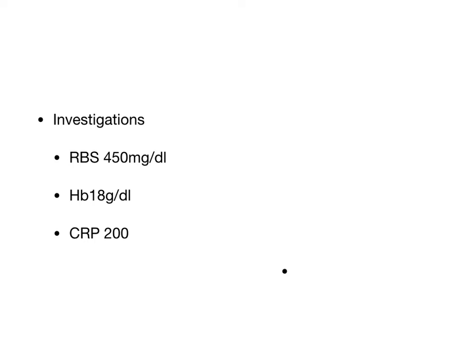So management should basically focus on hydration of the patient and maintaining the vascular volume, controlling the blood sugar levels, controlling the electrolyte disturbances, and third, the underlying cause. This is most likely after an infection, so you have to treat the infection to control the blood sugar level.